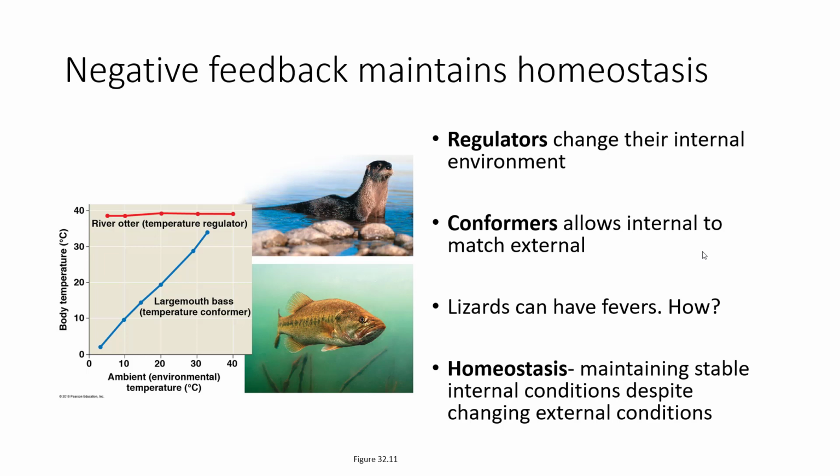This is how lizards can have fevers. They move to a different external environment. But it should be pointed out that they are still conforming their internal environment to their external environment by changing their external environment. And I've already defined homeostasis here. The river otter here is maintaining temperature homeostasis. It is a temperature regulator.